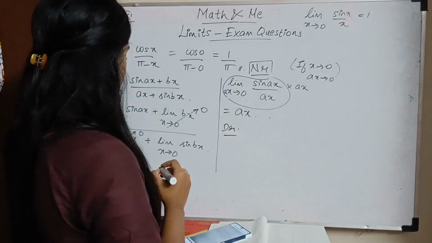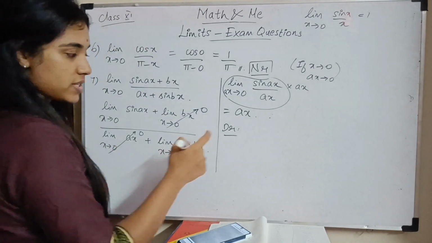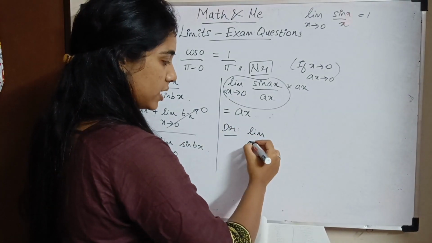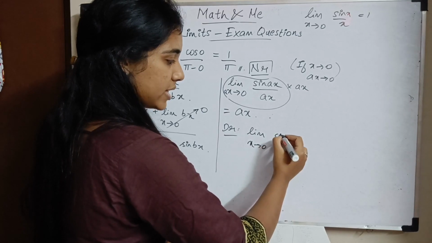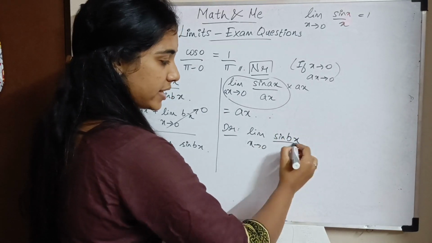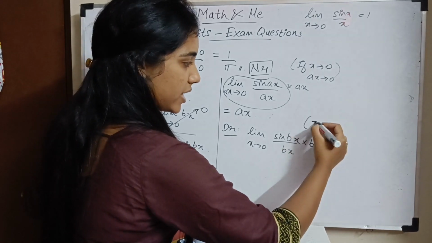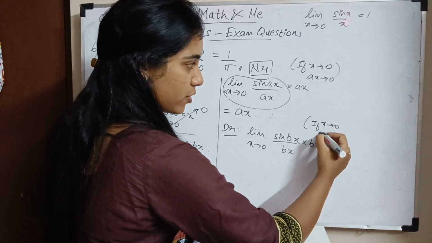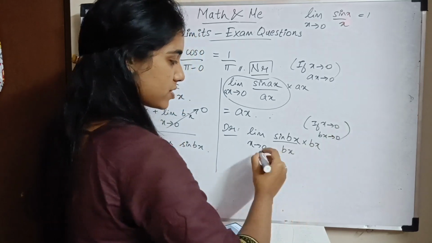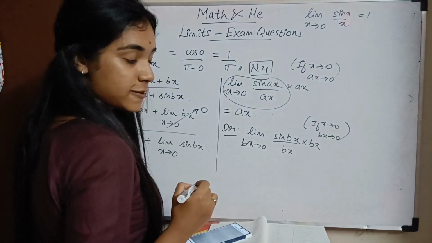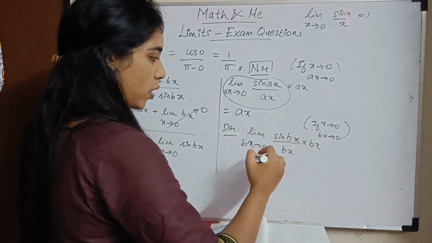What is your denominator? Your denominator is limit x tends to 0 sin bx. We have to do the same again. Limit x tends to 0 sin bx. So in this place what am I doing? bx times the same. Here also, the same reason: if x tends to 0, bx also tends to 0. So here it becomes bx. So what do you have?